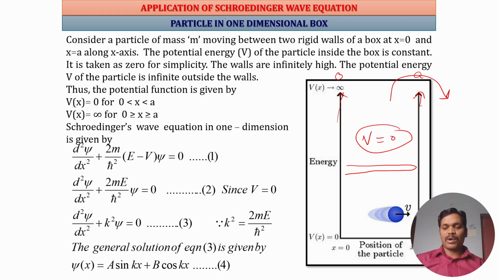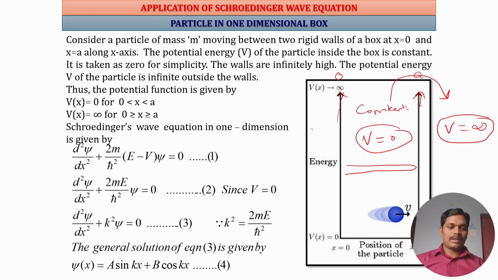This is the important point we have to understand. Let me repeat again. Inside the potential well, a particle is having constant potential, which for simplicity is taken as 0. But on the wall as well as outside the wall, the potential is infinity. That we have to understand.